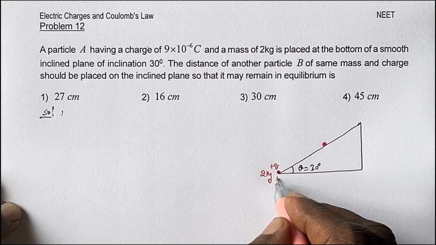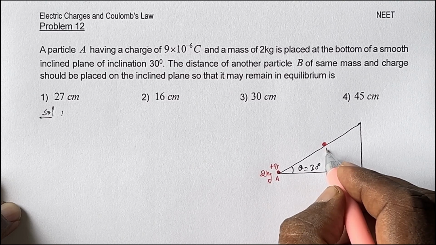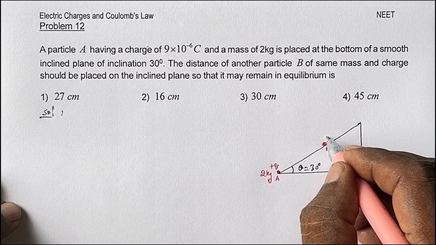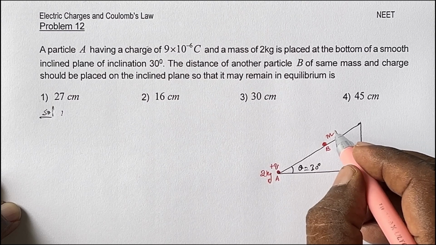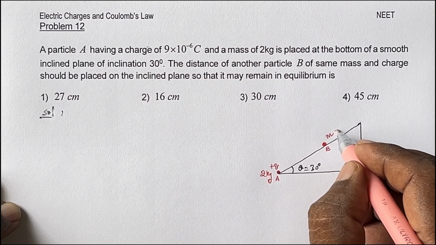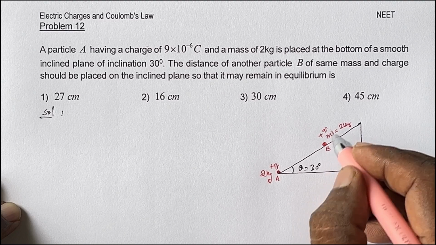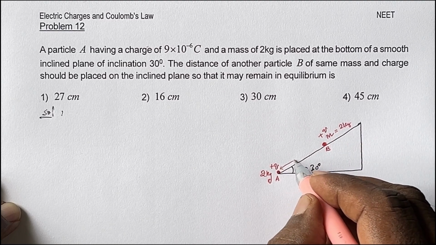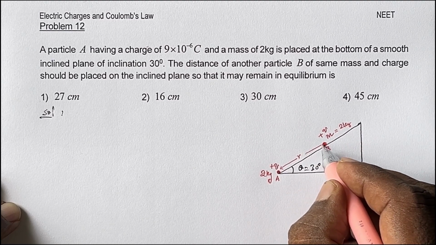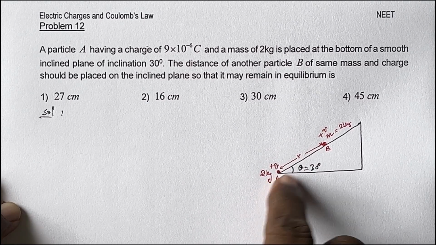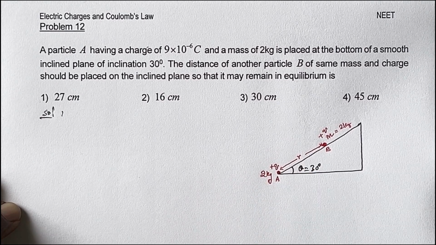This is particle A, this is particle B. It is also having the same mass and same charge. Mass is equal to 2 kg and charge is q. The distance between them is r. This distance we have to calculate when these two particles are in equilibrium.